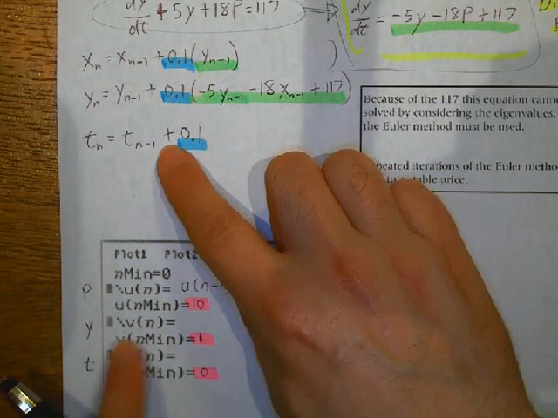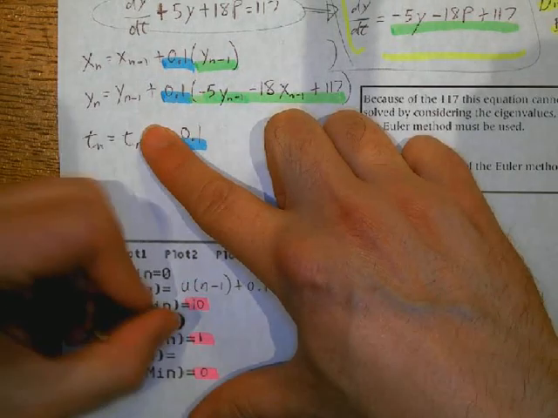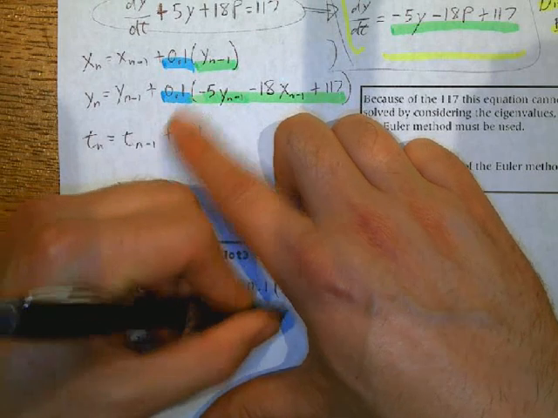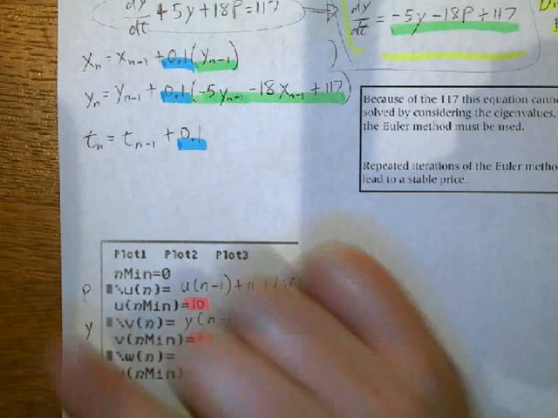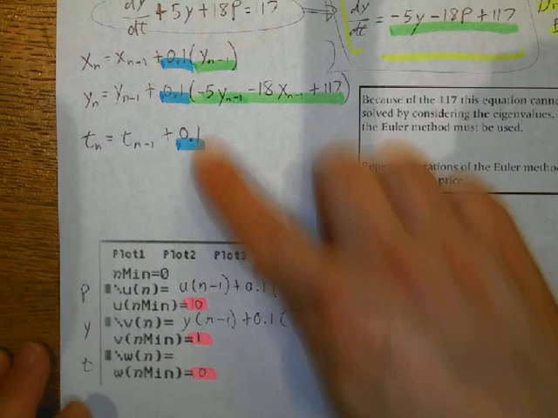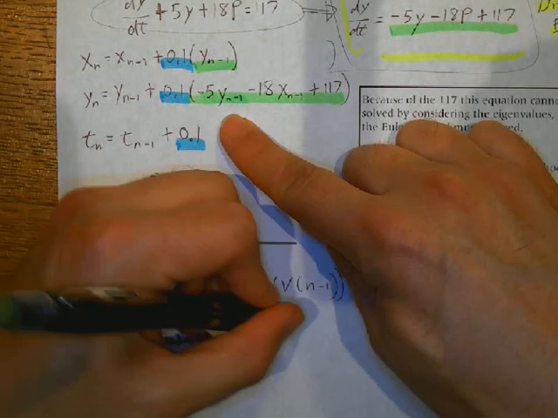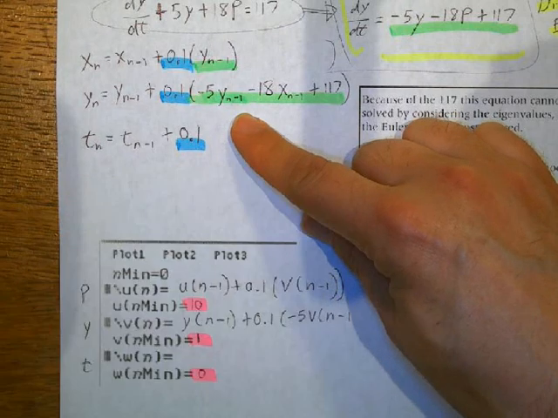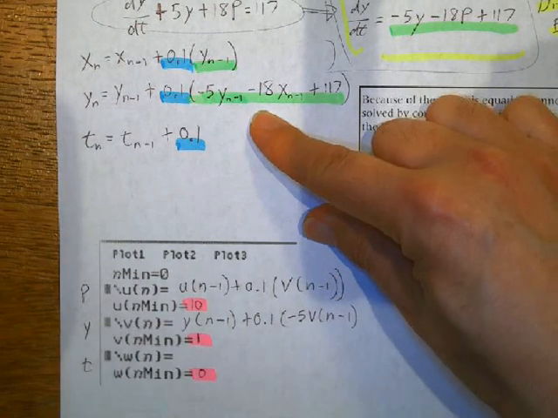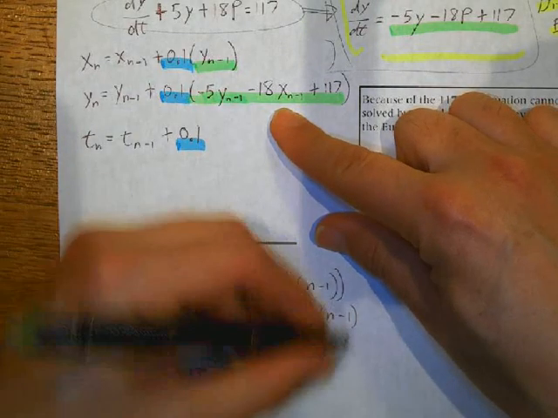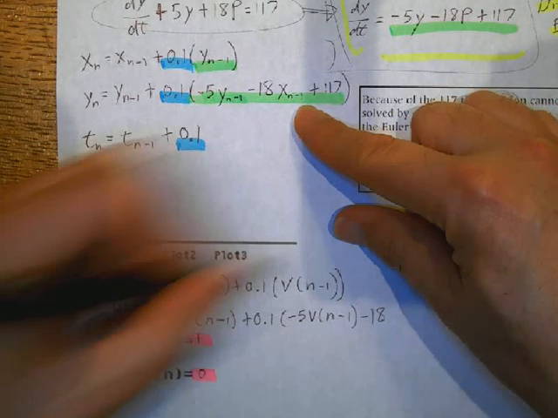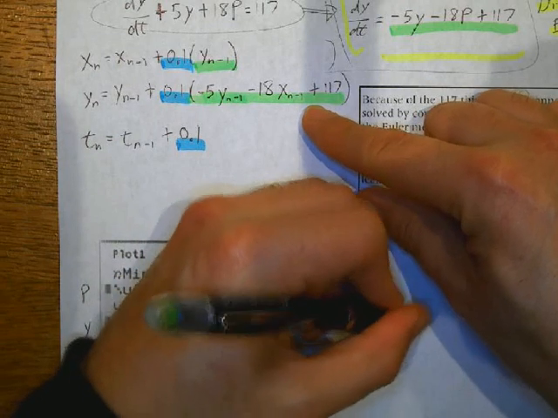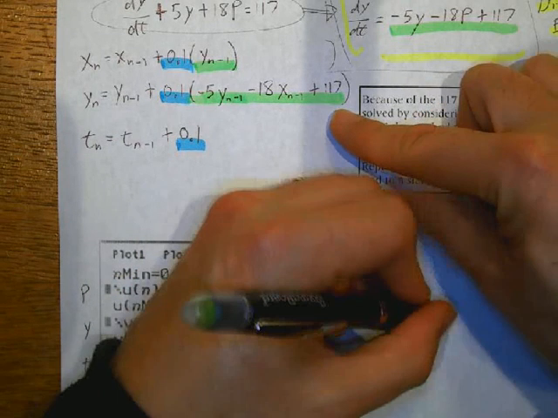For my y equation, I've got y(n-1) + 0.1. And now I write this here, which is -5 v(n-1) - 18 u(n-1) + 117.